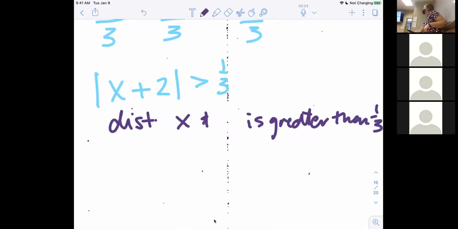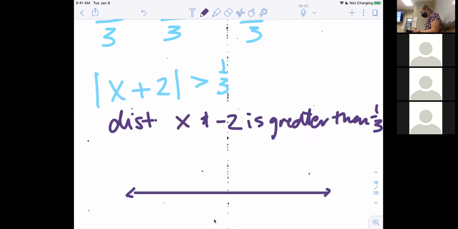My distance between x and what number? Again? -2 is greater than 1/3. So now we're going to draw our number line. What goes in the middle of my number line? -2. And I want to go 1/3 to the right, and I want to go 1/3 to the left.